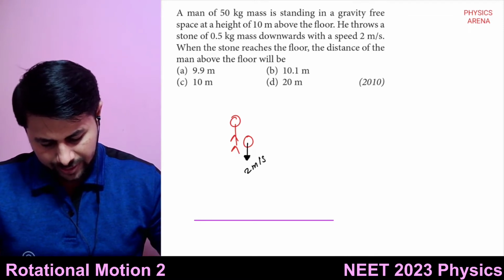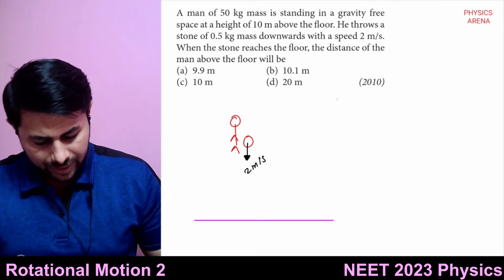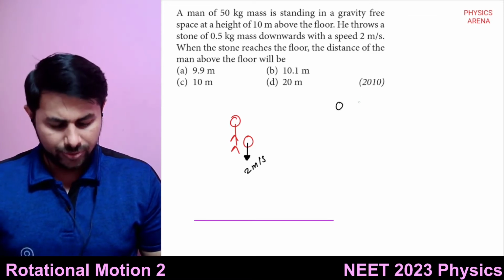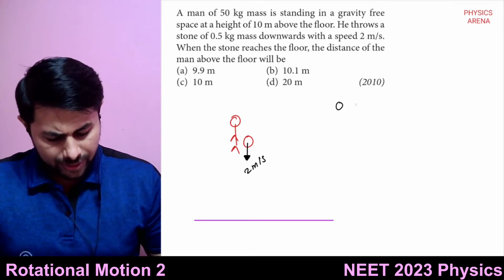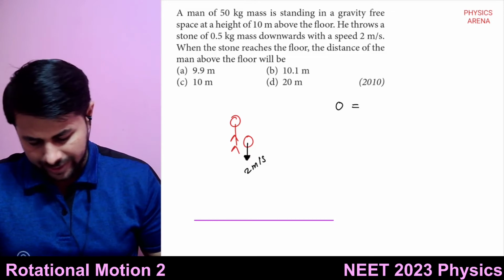2 meters per second. How much would be the velocity of the man? So we can say initial velocity was 0, so m1 u1 plus m2 u2 is equal to 0. So m1 v1, or let's call them man and stone.